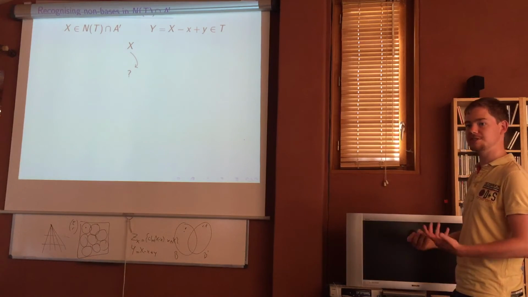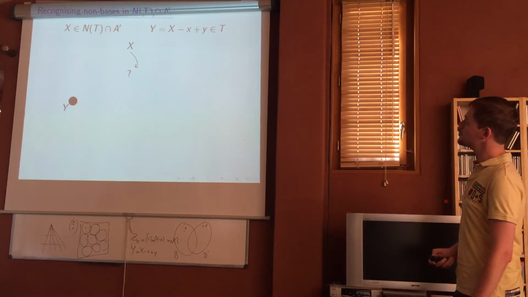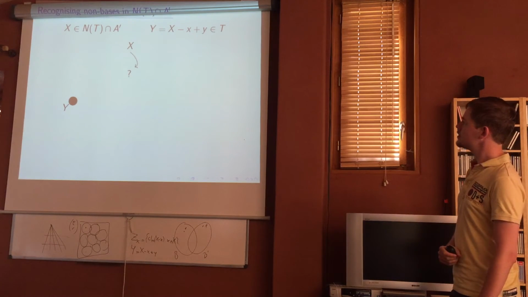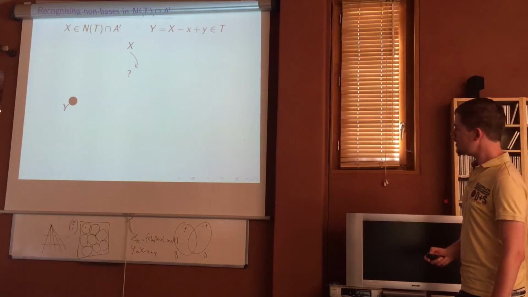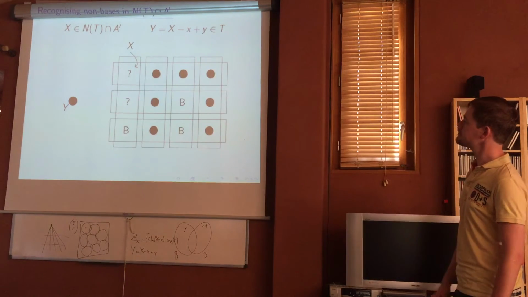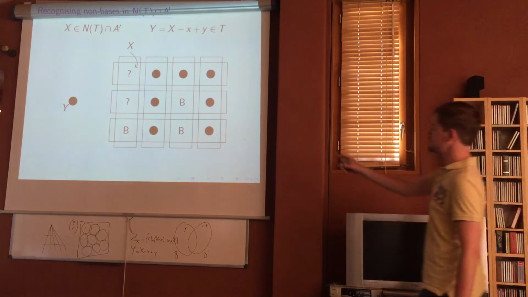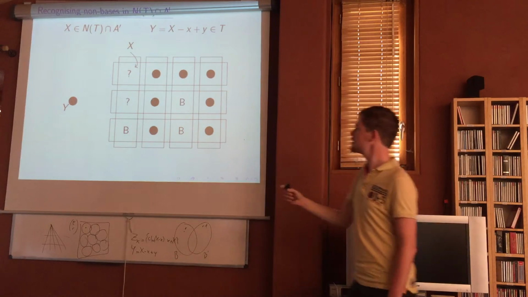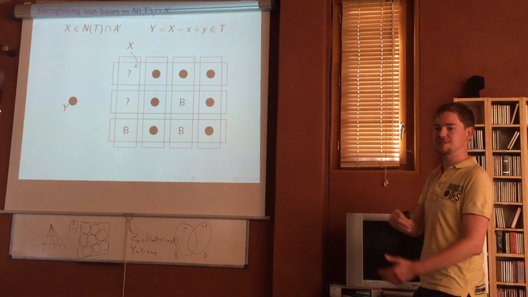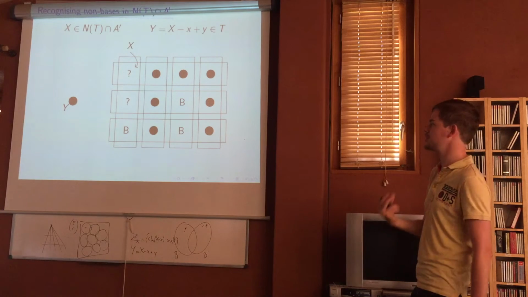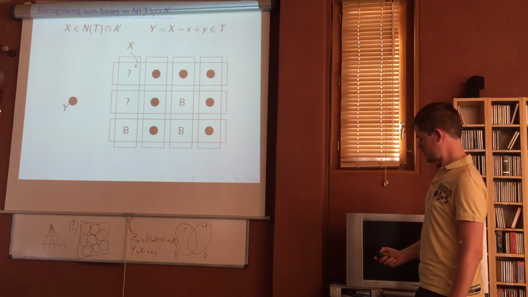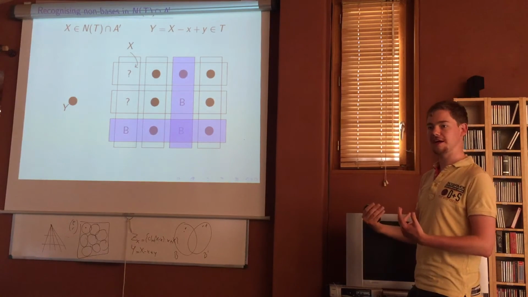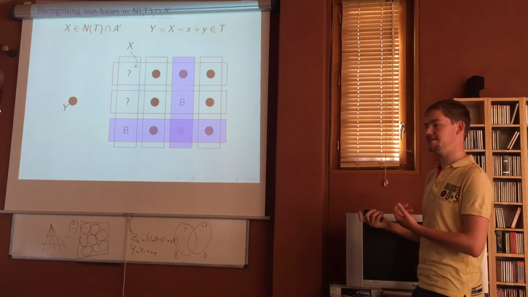We do not know whether it's a basis or a non-basis, but we know that it has a neighbor Y that is in T. And we can look at the neighborhood of Y, which looks like this. It may have degree 2 in this set A, right? So there may be 2 vertices of which we still need to determine whether they are dependent or not. And we know that there is a row and a column that are disjoint from A, and that both of them contain a basis.